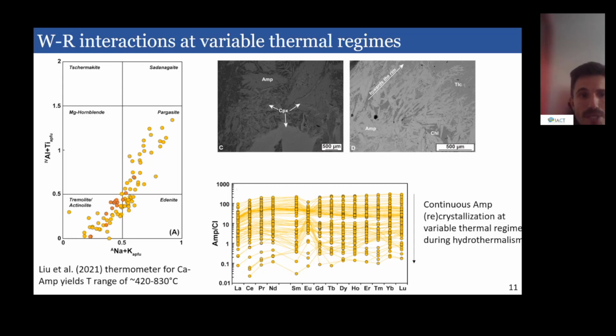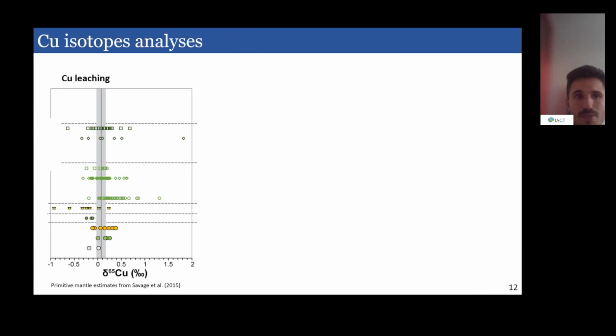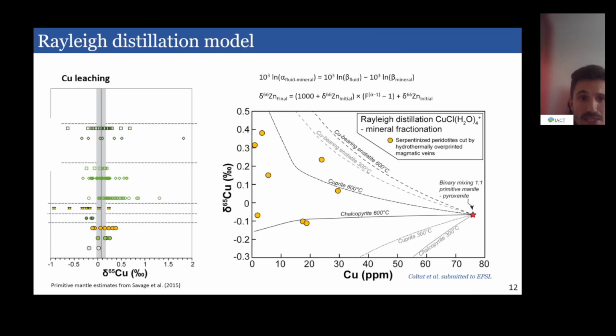So to better understand the mechanism of copper leaching and the complexes that transported the copper, we performed some isotopic tracing. I present here a Rayleigh distillation model. This graph shows the copper isotopic composition versus the copper content of the different samples.